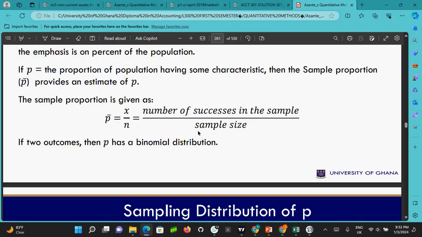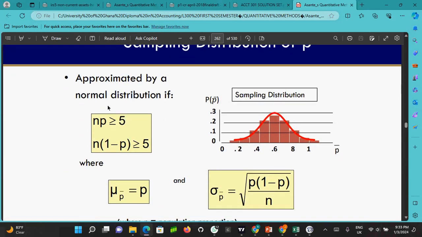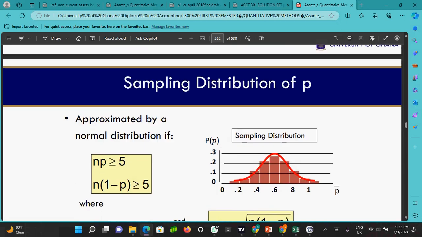So let me continue. The same thing is here, with the sampling distribution being the same normal distribution type.